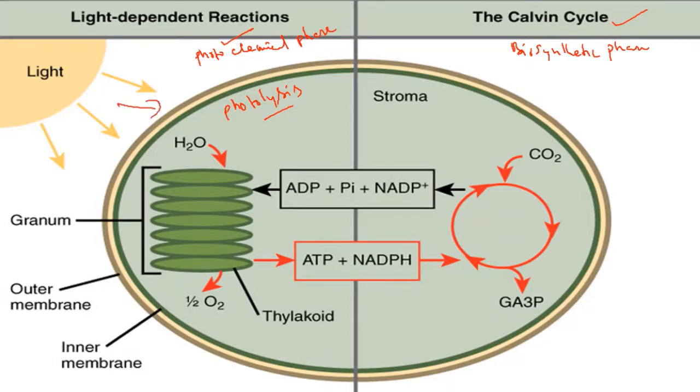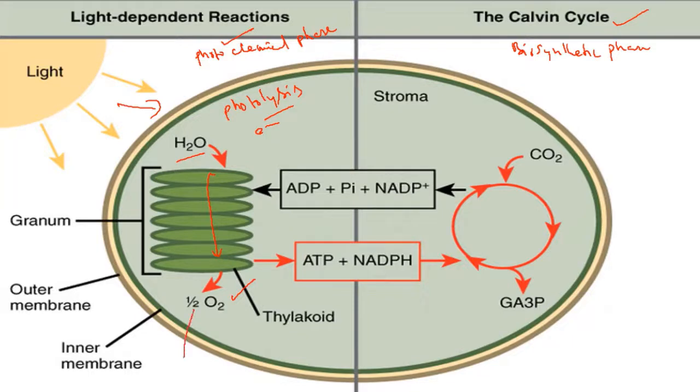Absorbing the light energy, it produces free electrons, and these free electrons in turn transfer to the various electron carriers present in the thylakoid membrane. Finally, water splits into oxygen that is released into the outside environment.